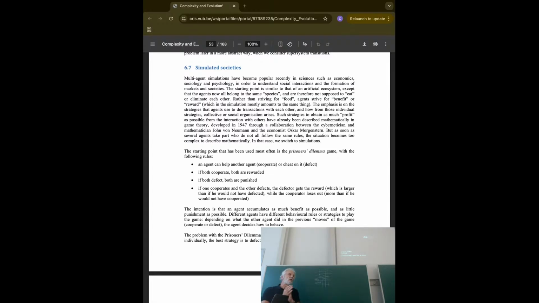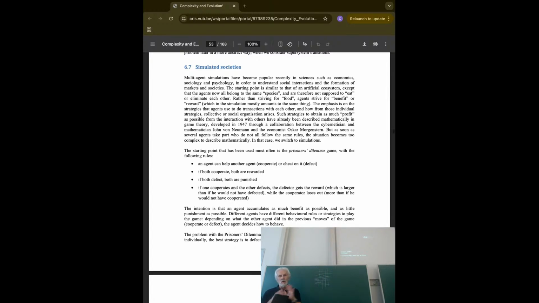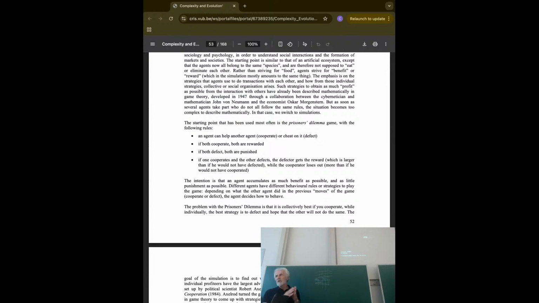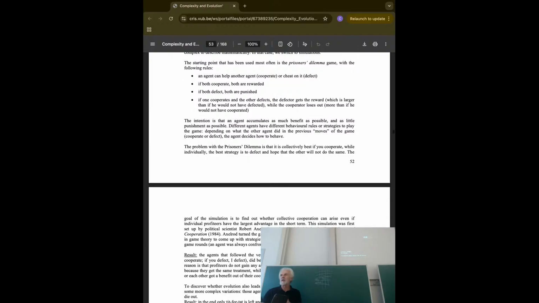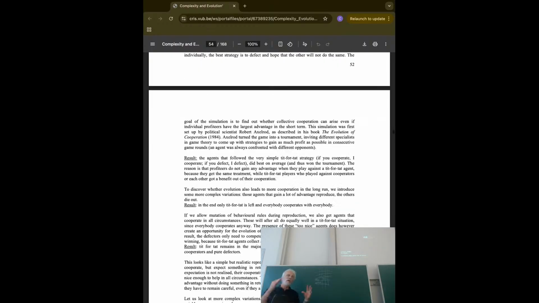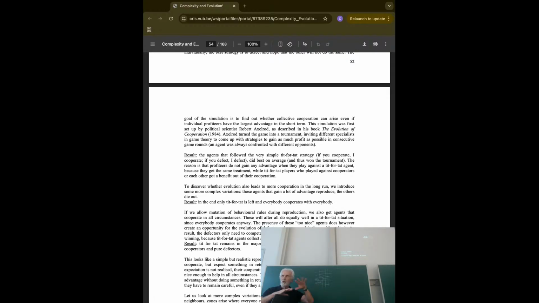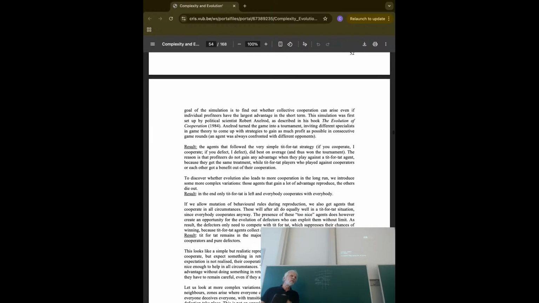So now how can we apply that in this kind of agent simulation? It started originally with a tournament organized by a political scientist, Robert Axelrod, who was one of the founders of this complex adaptive systems movement. So what he did was he invited all the game theorists that he knew, all the people who were looking at game theories, to send in a strategy to play that game.